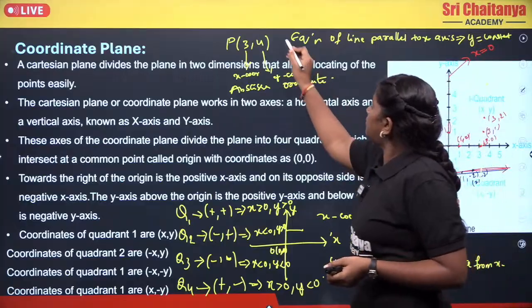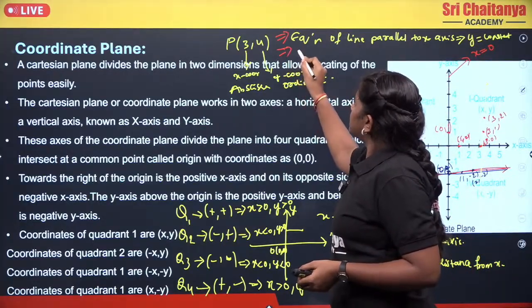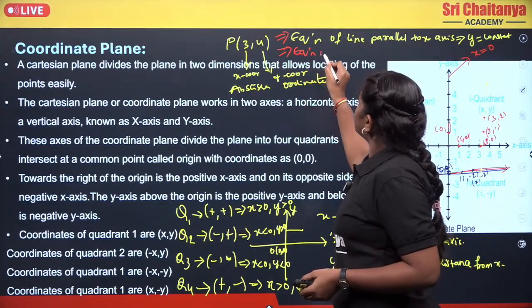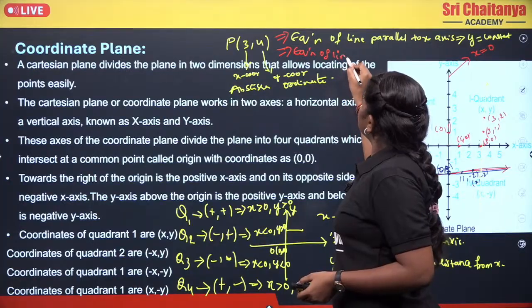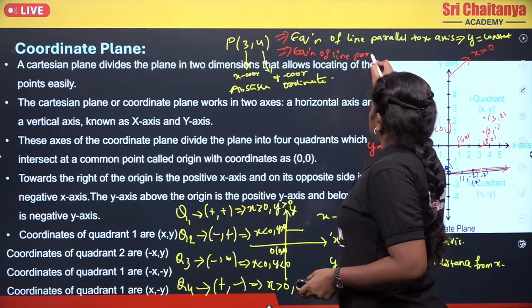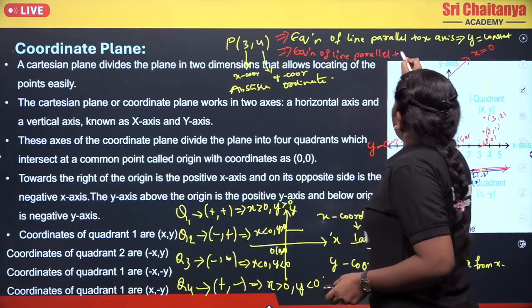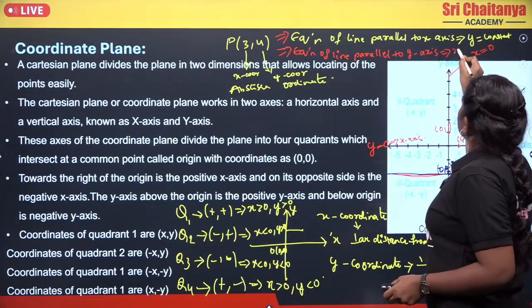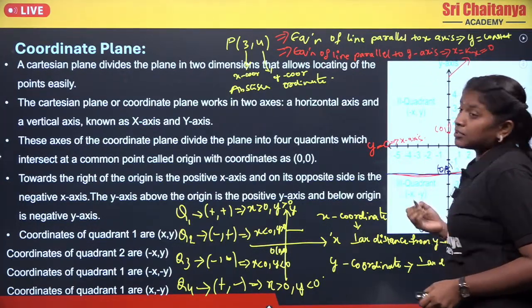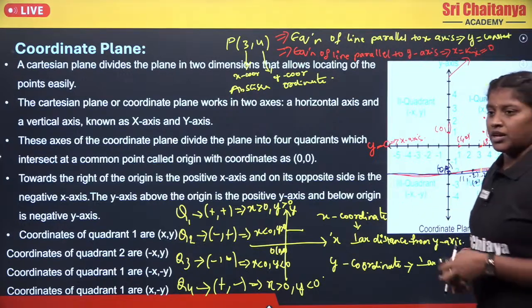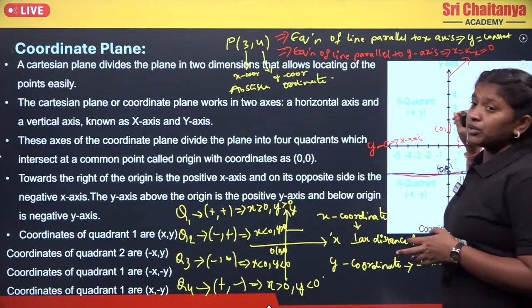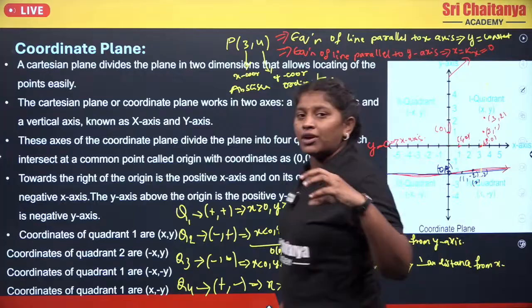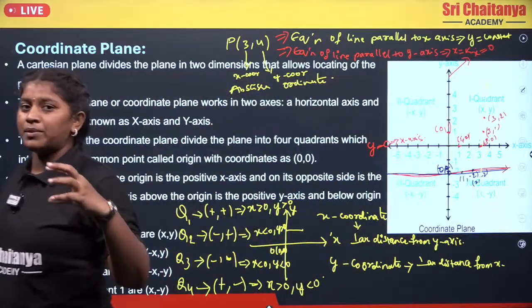Now the equation of the line parallel to the y-axis will be x equals k, which is nothing but some constant. Okay. So coming to here, see, the equation of an axis and the equation of a parallel line are similar.